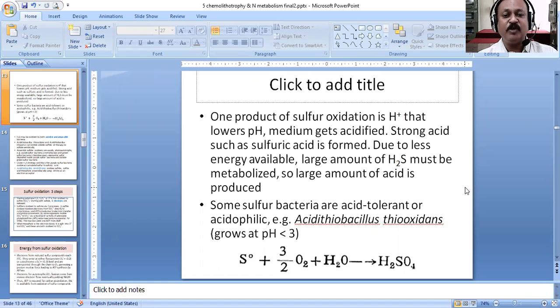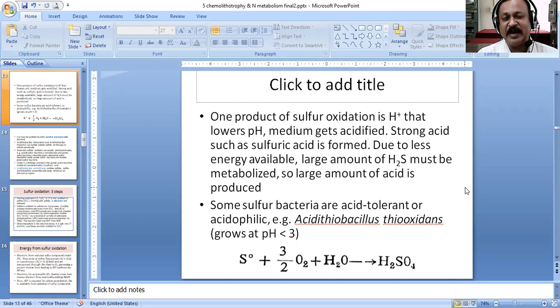Therefore these organisms have to consume a large amount of H2S, a large amount of iron compounds, for example, a large amount of sulfur compounds, for example. And because of that, a very large amount of acid is produced.